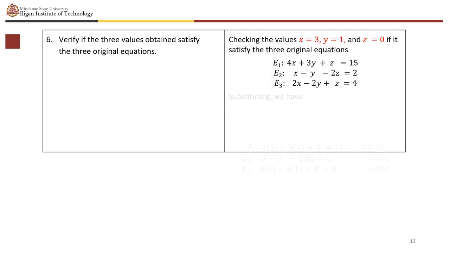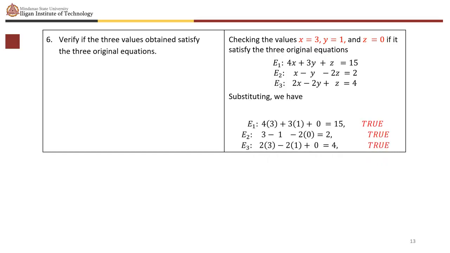Doing that, when we substitute, since e sub 1 is 4x plus 3y plus z is equal to 15, we can have x equal to 3 for x, y is equal to 1 for y, and z is equal to 0 for z. So that's equal to 15 there.